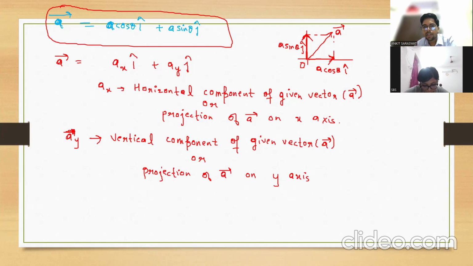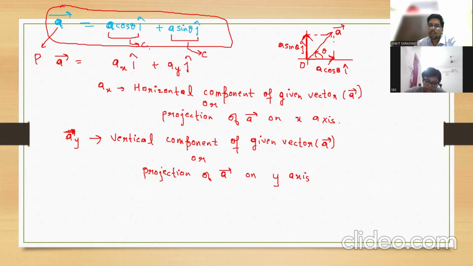Any vector can be written. So this is the parent vector, and these are the child vectors, just for understanding.